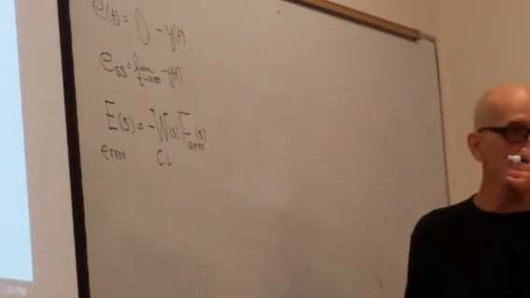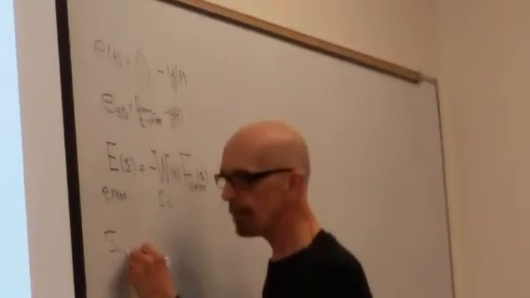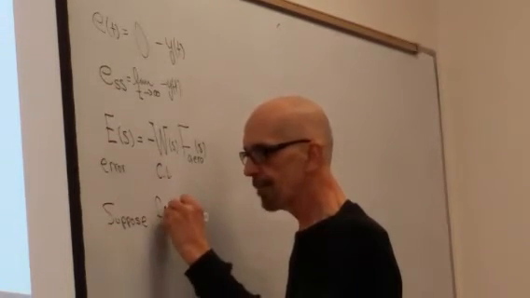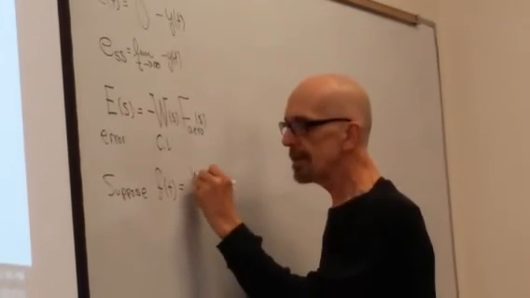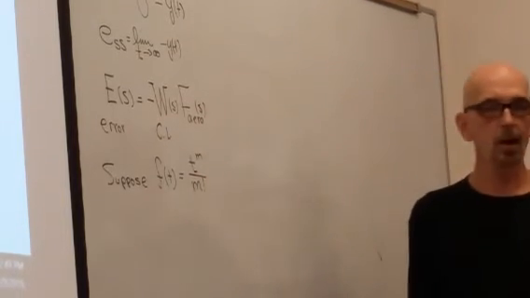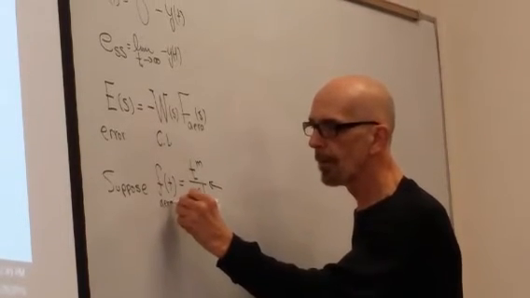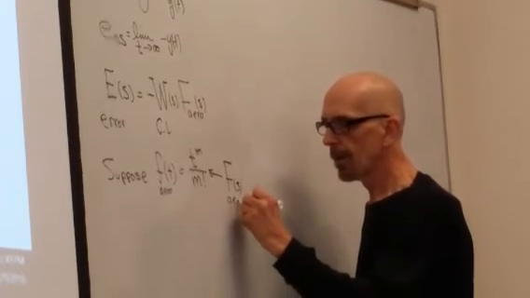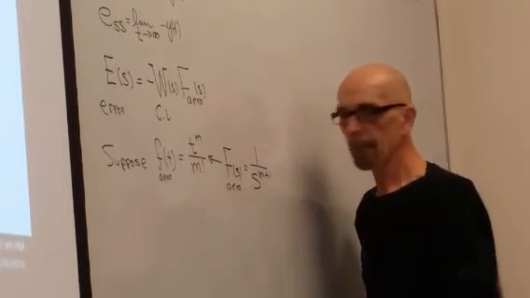So now what we want to do is compute the type number. So suppose that the aerodynamic input f of t is equal to t to the m over m factorial. I put the m factorial in there only because then F of s is 1 over s to the m plus 1.